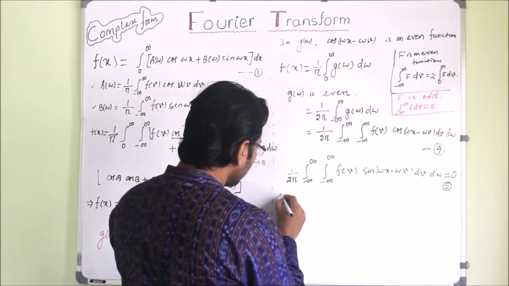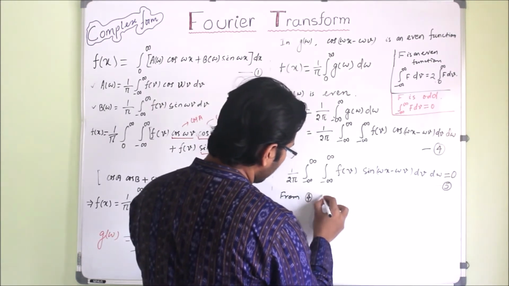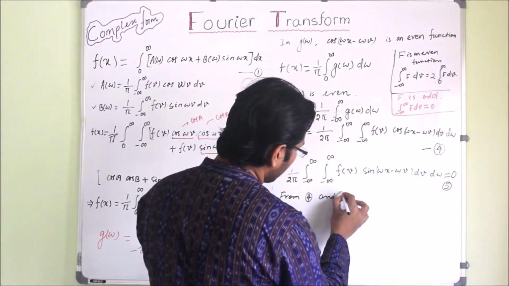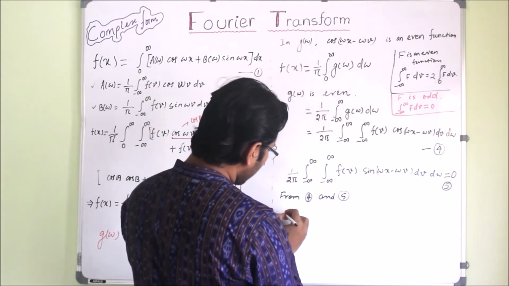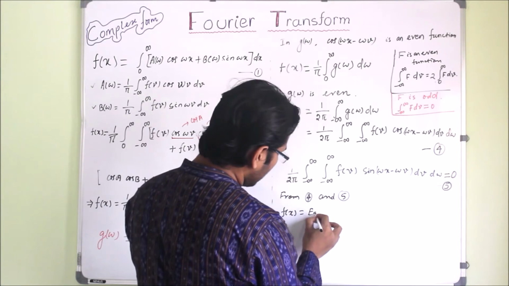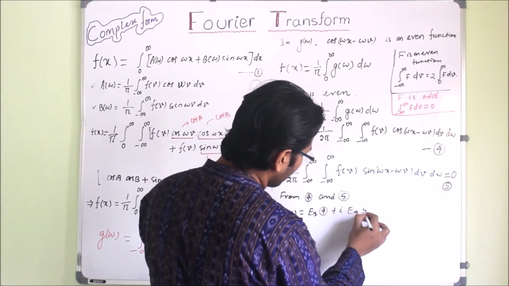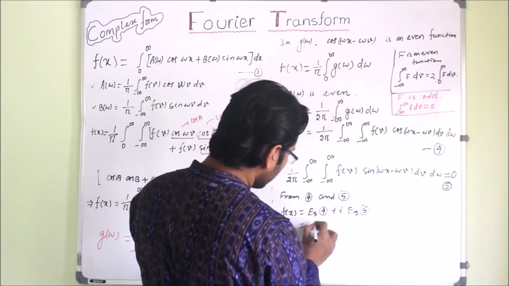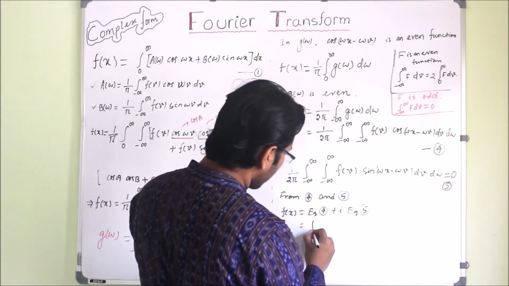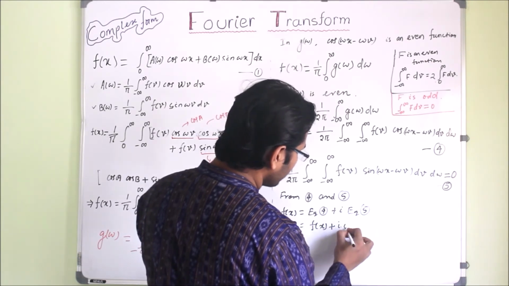Now from 5 and 4, that is from 4 and 5, what can we write? F of x equals equation 4 plus i into equation 5, because equation 4 is f of x, and i into equation 5 is 0.